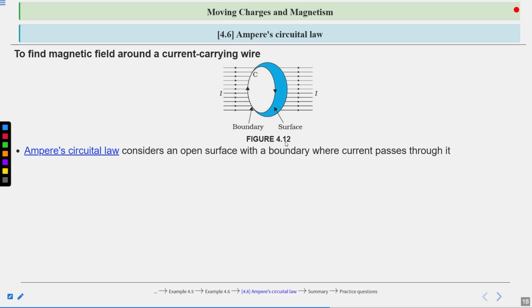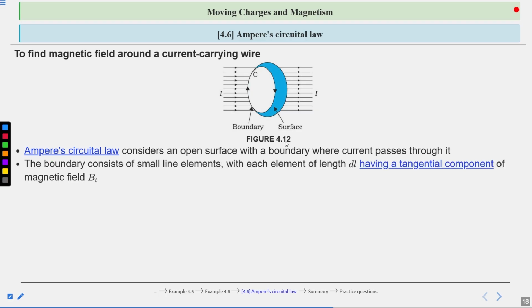So Ampere's circuital law considers an open surface with a boundary where current passes through it. This is the boundary represented in the diagram also. This is the surface, which is the shaded part, and this is the boundary from which current passes. The boundary consists of small line elements. It is a round, circular boundary.